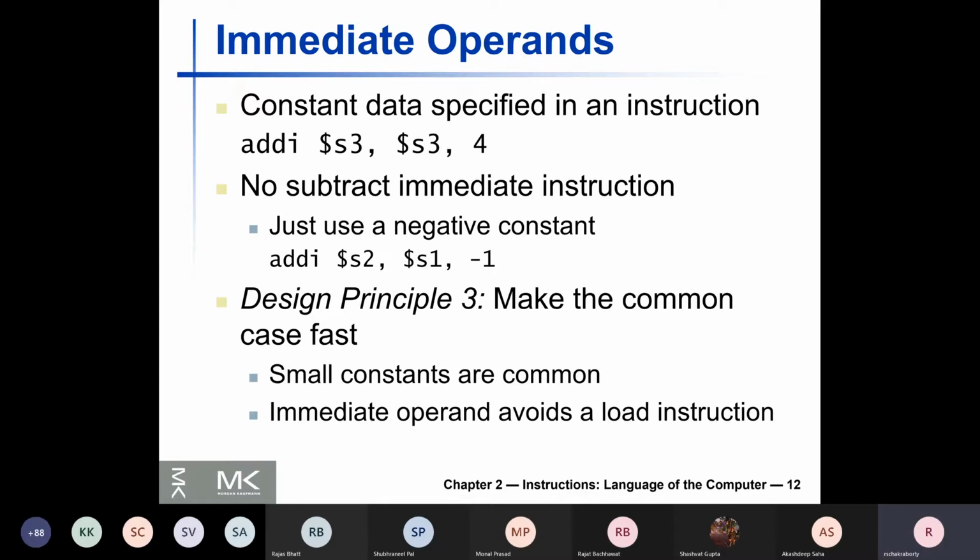The numerical value of that representation does not change. It still remains plus 4. Similarly, for -1, whatever number of bits I require to represent -1, I will represent.